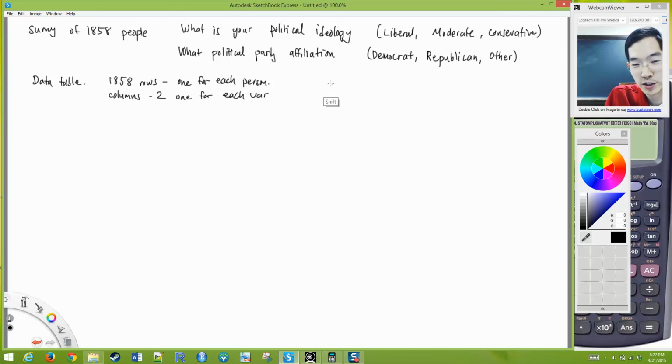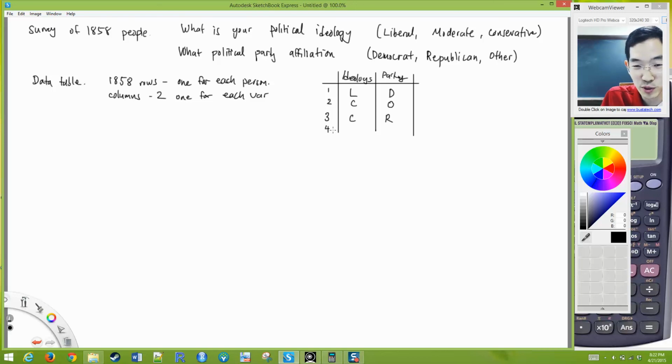And so, for example, our data might start off looking like this. So we have ideology and party. The first person says, I am liberal and I'm a Democrat. The next person says, I'm conservative and I'm registered as an other party member. The third person says, I'm conservative and I'm Republican.